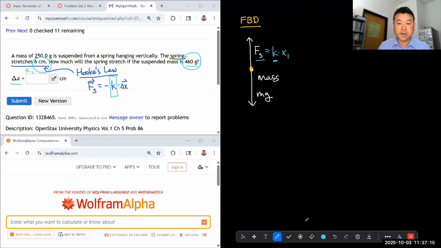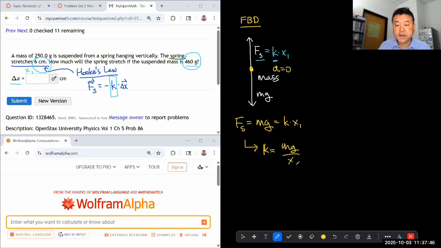So I have enough intuition that acceleration here is 0, and I've done this question enough to know that with 0 acceleration, this upward force should equal this downward force. So I'll say the spring force is equal, in magnitude, to mg, which means mg is equal to spring constant times x1. Solve this for spring constant.